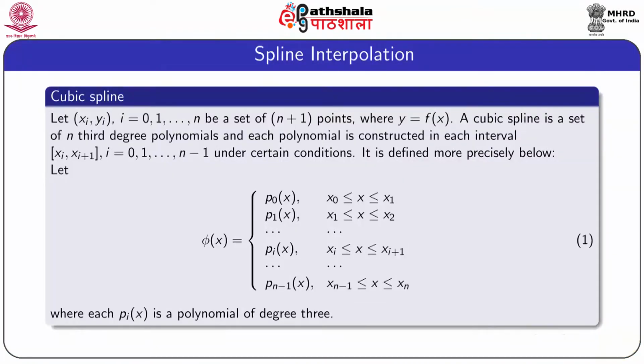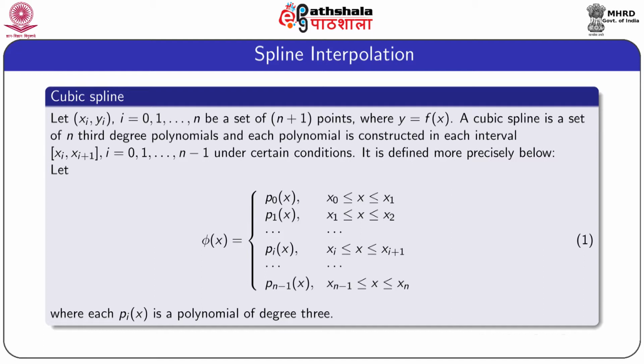Now, we consider the cubic spline interpolation method, which is more important than the other spline interpolation methods. Here we consider n plus 1 points (x_i, y_i), i equal to 0 to n, where y equal to f(x). The value of f(x) is not explicitly available.